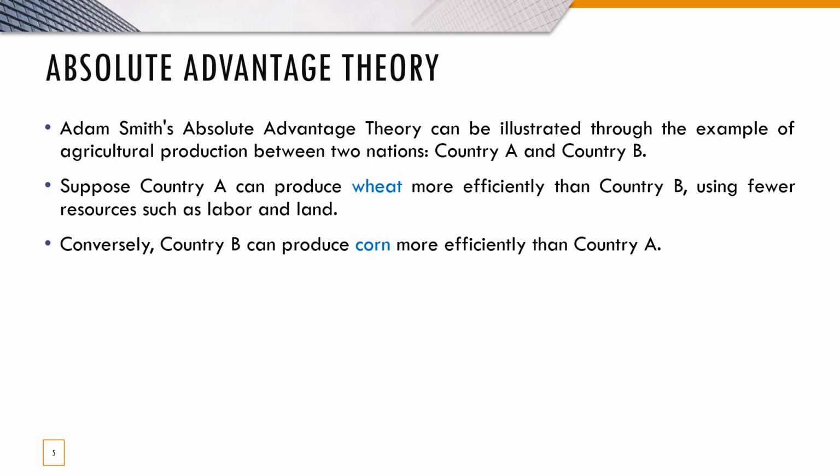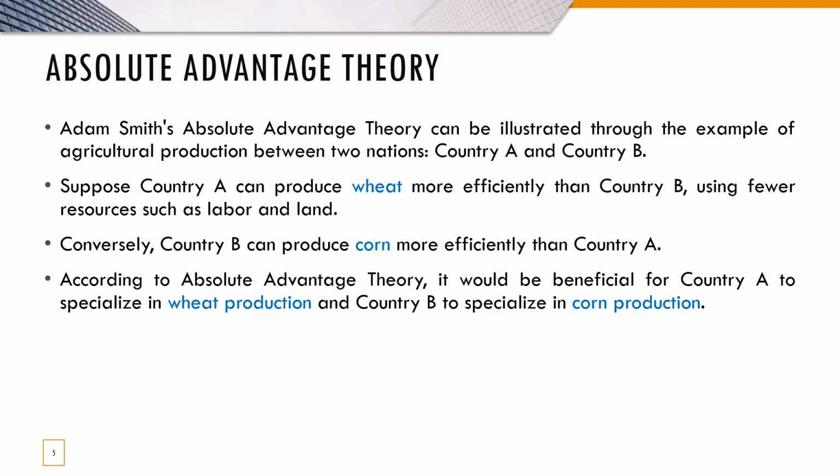Conversely, country B can produce corn more efficiently than country A. According to absolute advantage theory, it would be beneficial for country A to specialize in wheat production and country B to specialize in corn production.